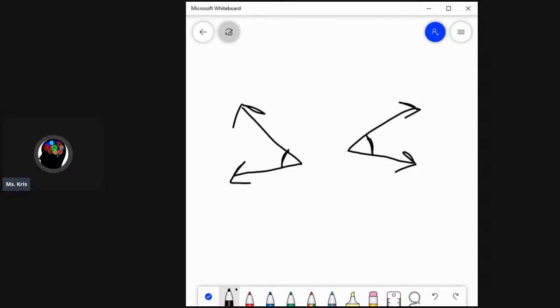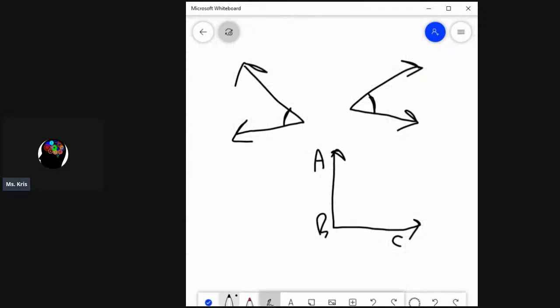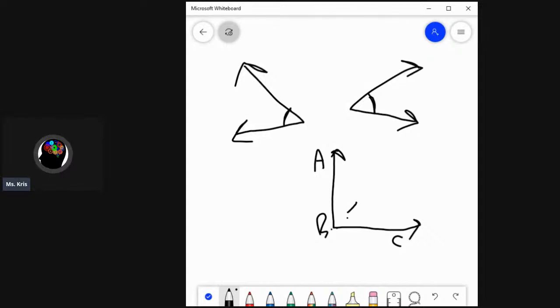So what that simply means is I have angle ABC. Angle ABC is bisected or split in half by ray BD. Therefore, the angles are of the same measure.